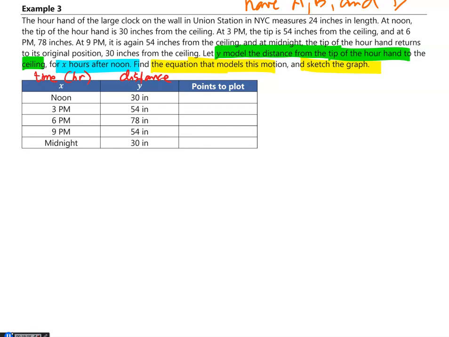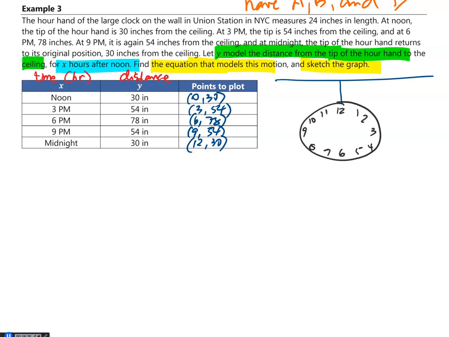So, points to plot. At noon, that is 0, 30. At 3 p.m., we can say this is 3, 54. At 6 p.m., 6, 78 inches. At 9, 54 inches. And at midnight it is again 30 inches.